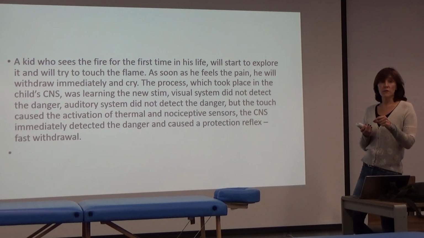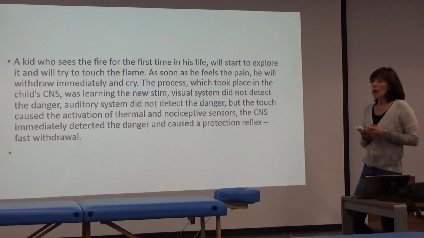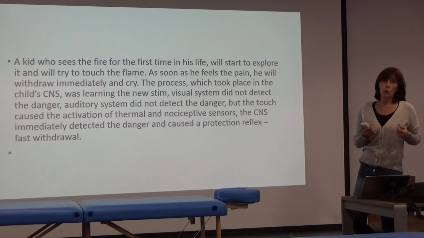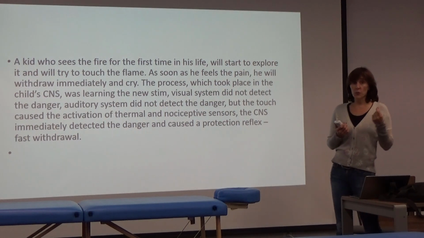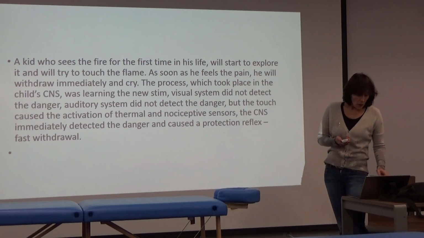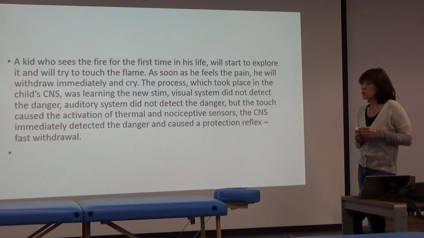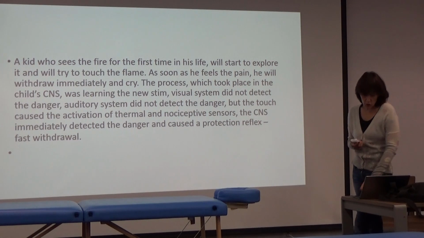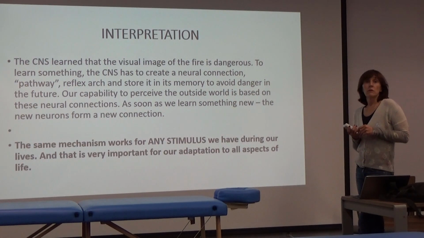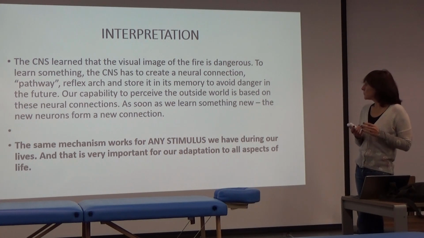As soon as he touches the fire, his nociceptive fibers will immediately take a signal to his nervous system, and when the signal gets to the spinal cord, the little baby will withdraw. Then it's going to go further to his conscious mind. He's going to feel the pain and he's going to cry. Next time, his central nervous system would learn that it's not a great idea to touch the fire. So after input, we have interpretation.